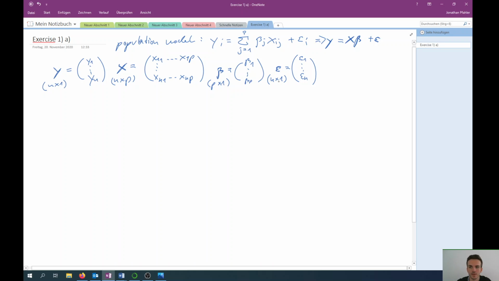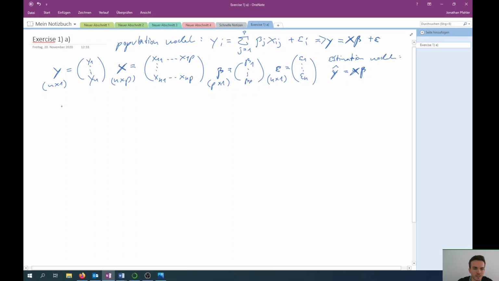Okay, now let's write down our estimation model. So we want to estimate y with the linear model of the features and the parameters.